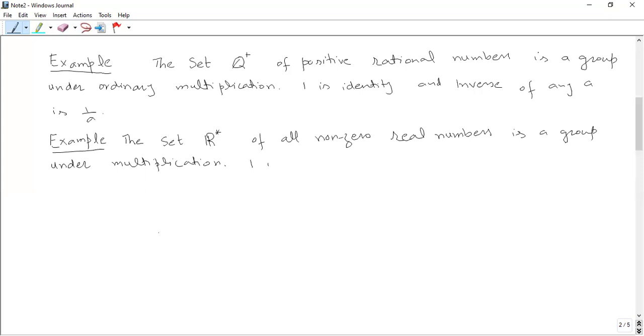Here also 1 is the identity and the inverse of a is 1 over a. Okay, we move further.